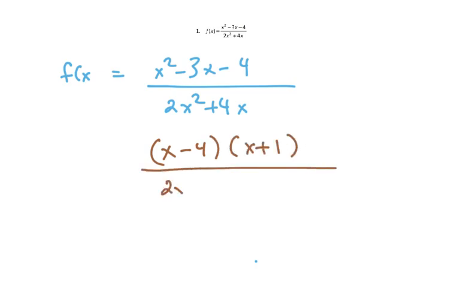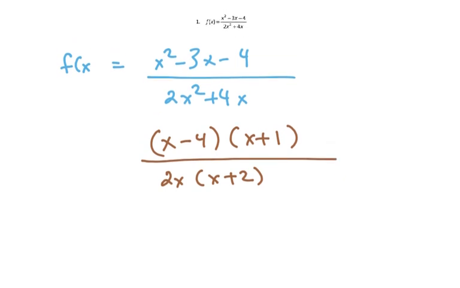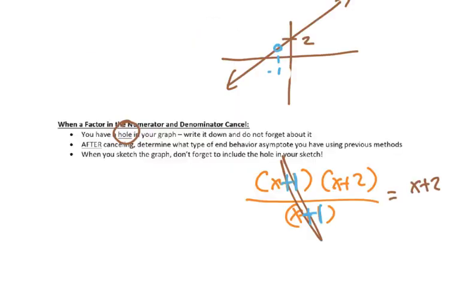The denominator I'm going to factor out as 2x. And so now we're going to look at this and make a couple of decisions here. Does anything divide out? And clearly we're not seeing anything dividing out. So let's see what we can do here.